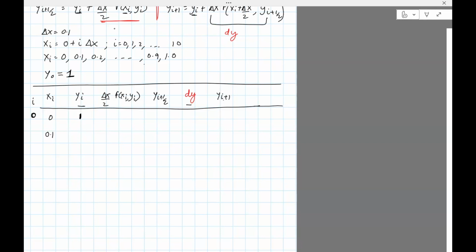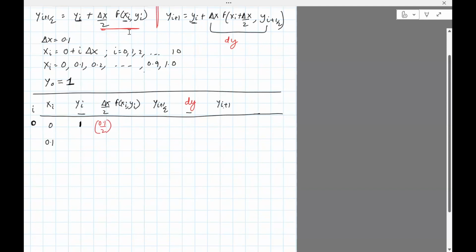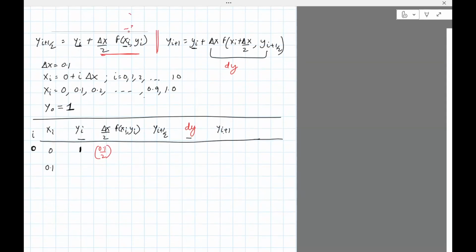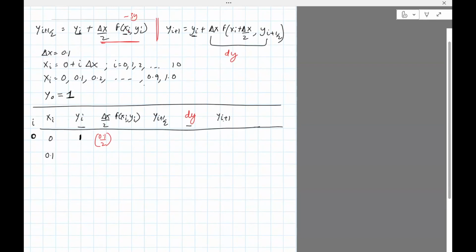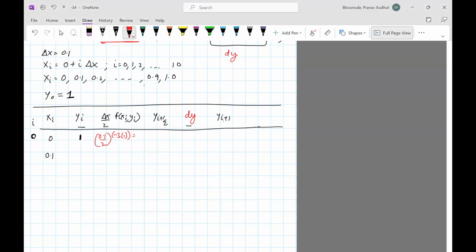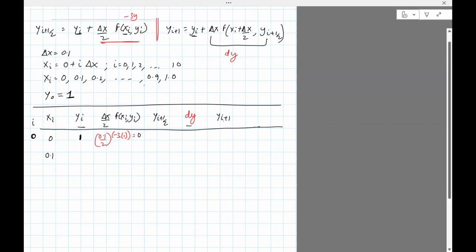Delta x divided by 2, so 0.1 divided by 2. f of xi, this is minus 3y. So minus 3 times 1, so minus 0.15.